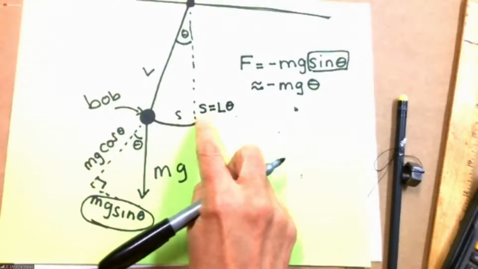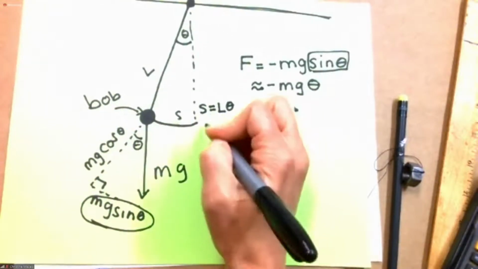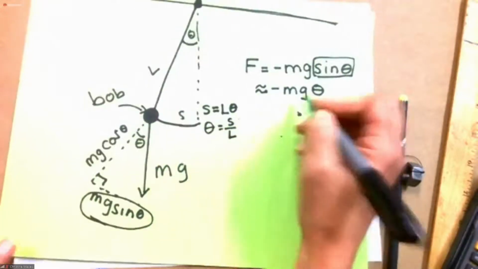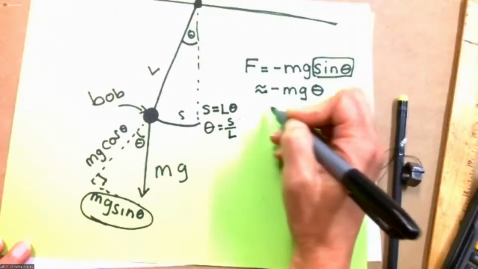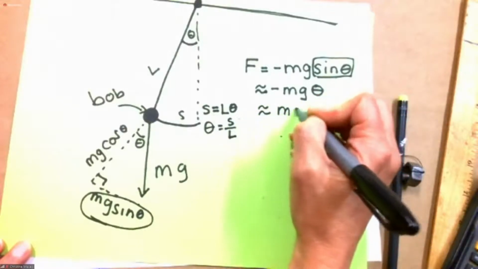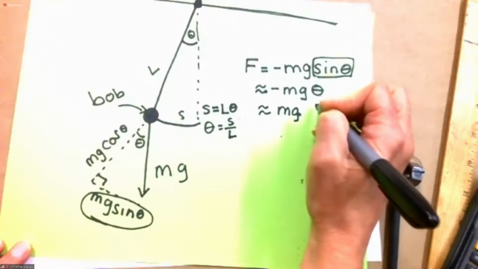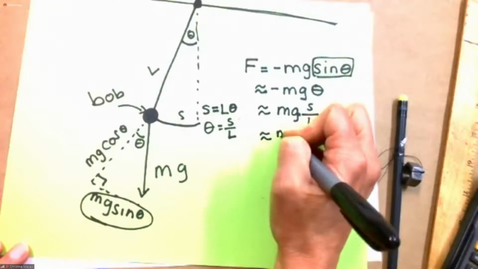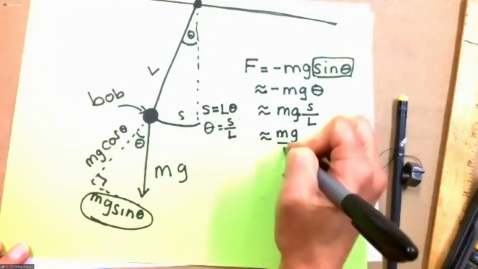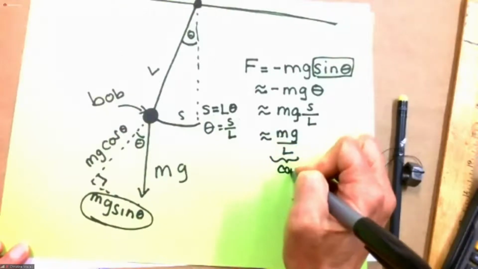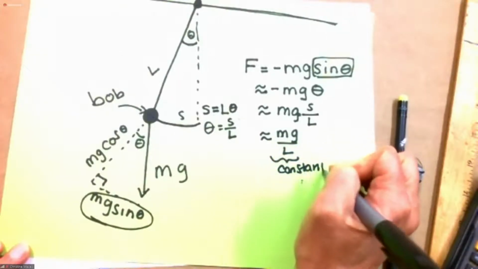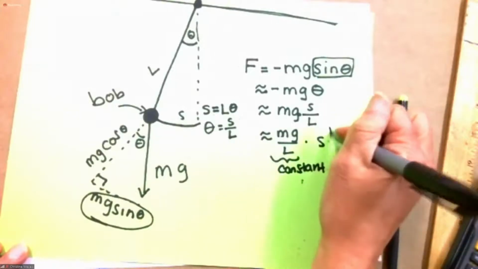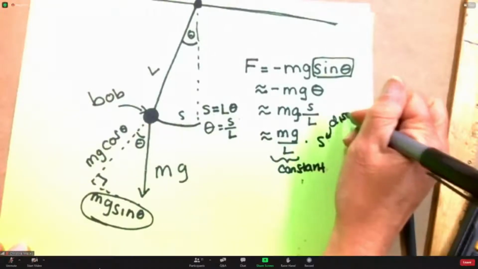And this theta then can be written as S over L. So I can rewrite this equation here as mg S over L. What I have, let me just rewrite this for a second, is some constant times some value S, which is a displacement.